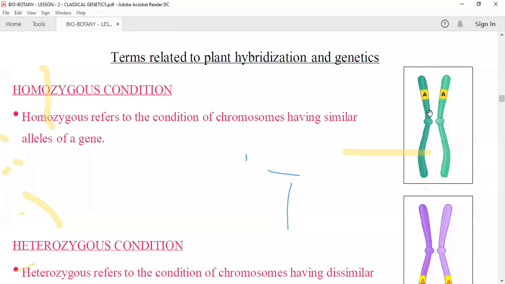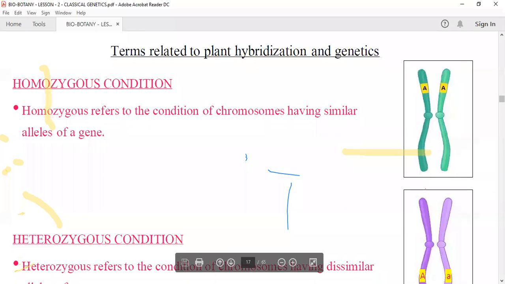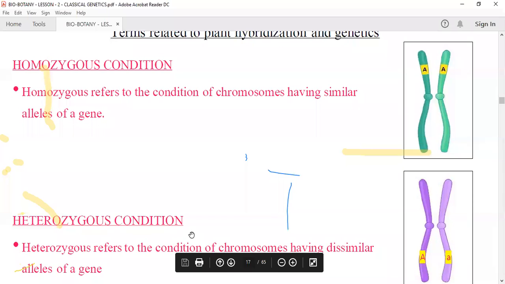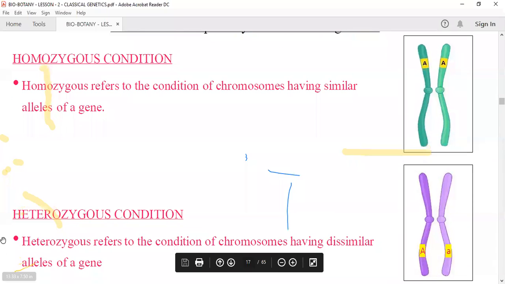This condition we can call homozygous. Heterozygous refers to the condition of chromosomes having dissimilar alleles of a gene. So here, capital A allele and small a allele. If we have a dissimilar character, we can call it a heterozygous condition.